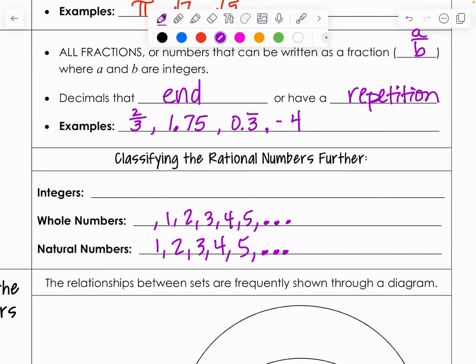What number goes in front of it? 0. 0 is in the whole numbers. The word whole has a hole in it. 0 has a hole in it. I'm trying to help you remember it.